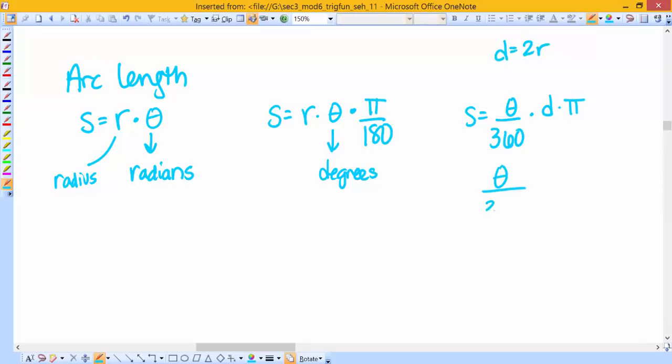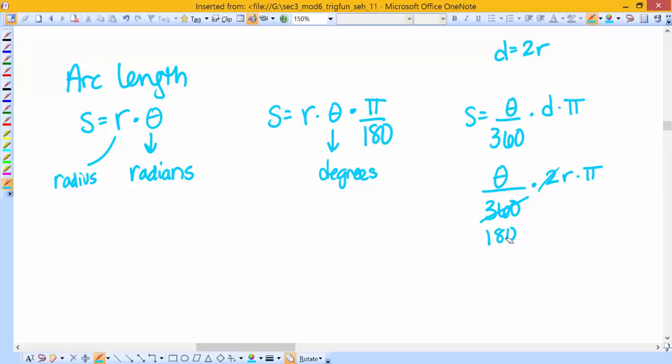So this is theta over 360 times 2r times pi. Well, 2 goes into 360 180 times. And look at that. We end with r, theta, and pi over 180.